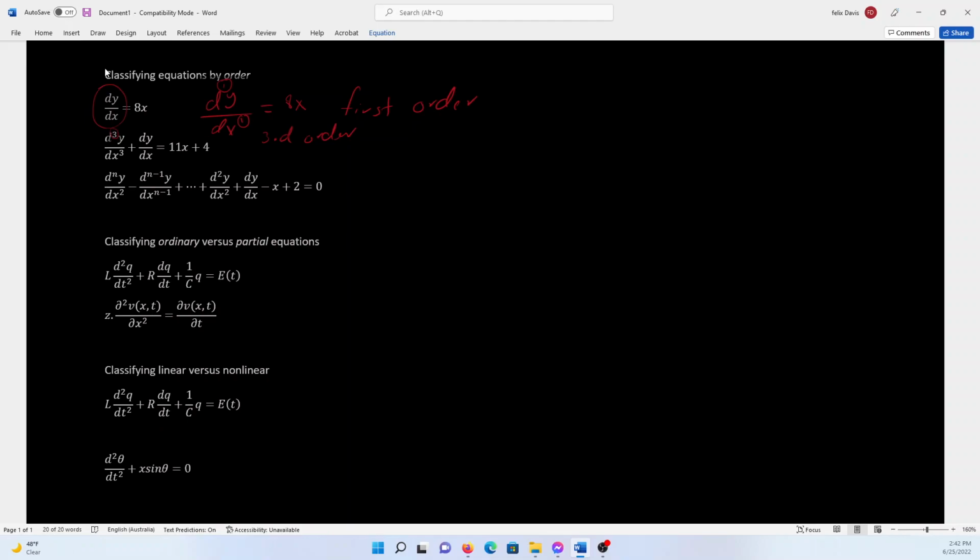And hence you have the nth order, where you're taking the nth derivative of y with respect to x, so this has to be n. Therefore, this would be the nth order differential equation.